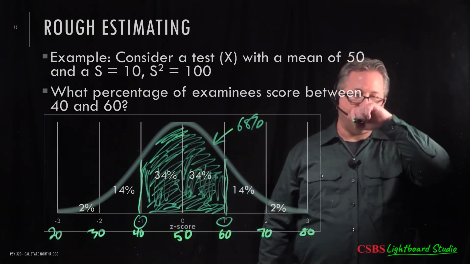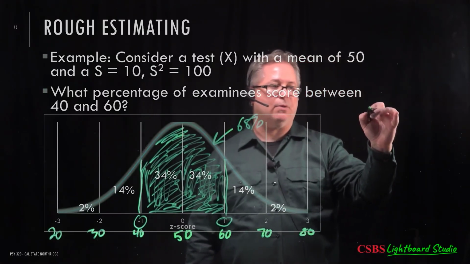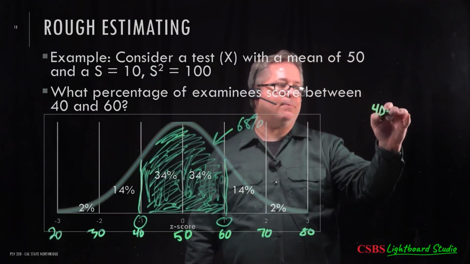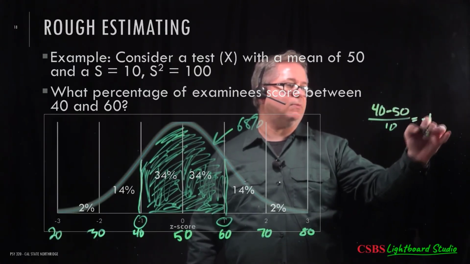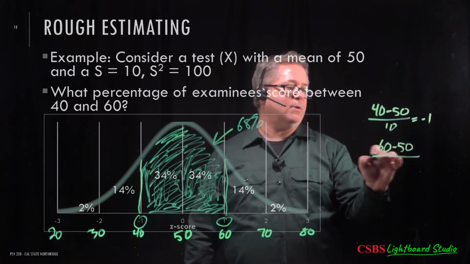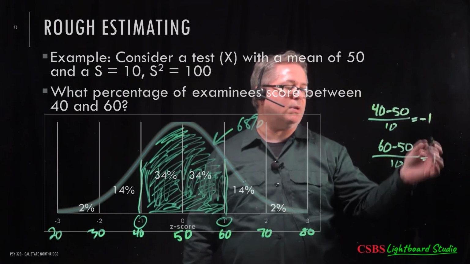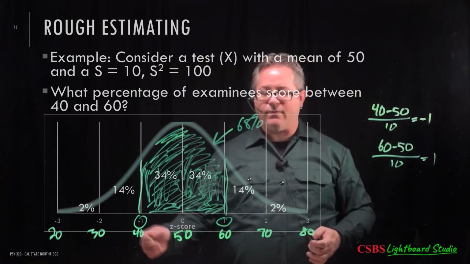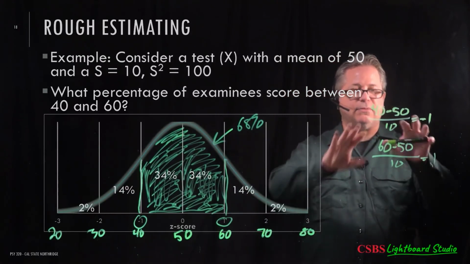The other way, I'd have to convert both of them. Going through the more technical route, I have to do 40 minus 50 over 10 equals -1, and 60 minus 50 over 10 equals 1. If I had just written this out this way, it saves me a lot of having to do the equations.